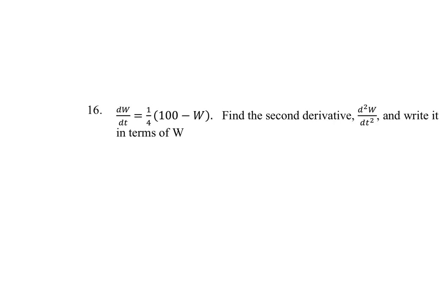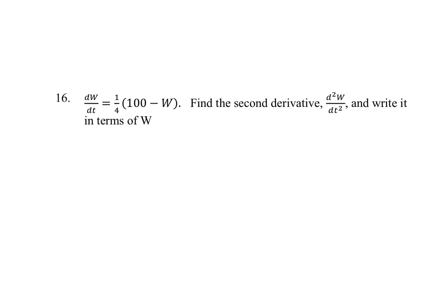This last one is asking you to actually do the second derivative. Good news is, because of notation, this is already the first derivative. So for the second derivative, I'm going to keep that constant out in front. The derivative of this stuff is just negative dw dt. I'm going to clean that up a little bit. So negative 1/4 dw dt.